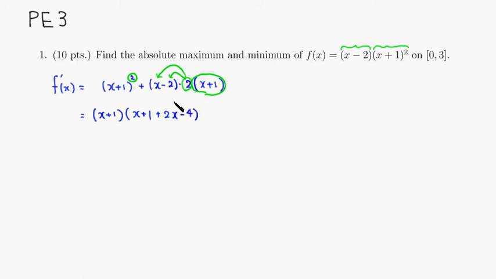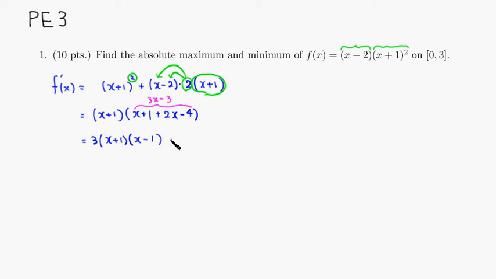If you pick up the like terms, you have 3x, and 1 minus 4, so it's negative 3. You can see that 3 is also in common, so I'll pull 3 out. So x plus 1, then 3x with 3 out gives x, and negative 3 with 3 out gives negative 1.